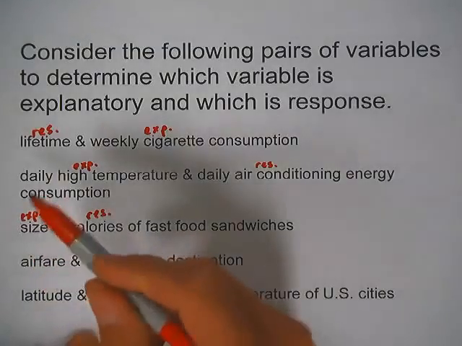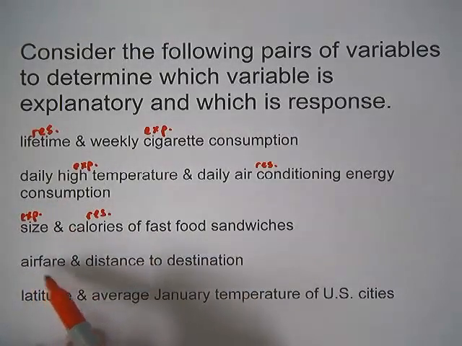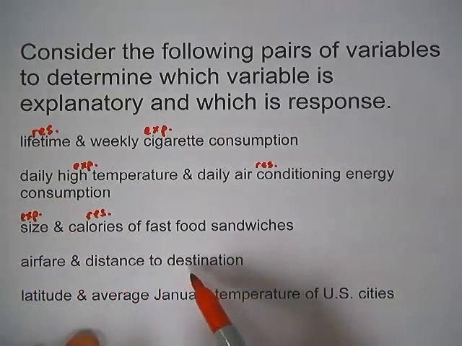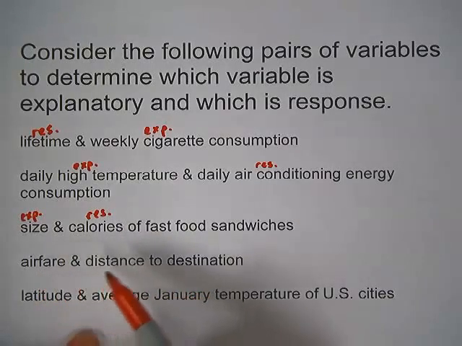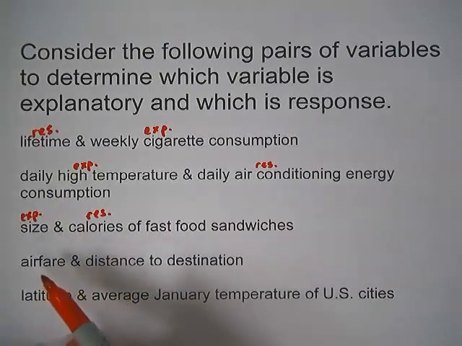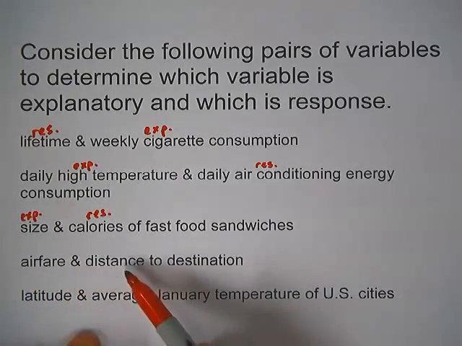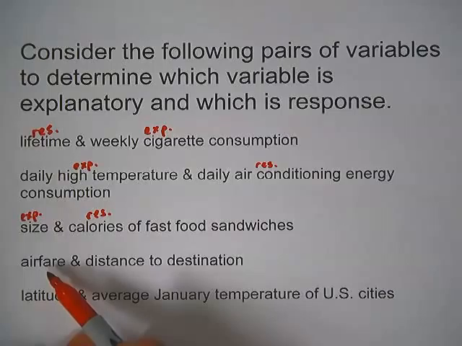Our fourth pair here, airfare and distance to destination. Now this probably doesn't have a really strong relationship, but in general, the further you need to fly, the costlier it's going to be. So if you're flying from California to Australia, it has a very far distance, and that's going to be a very expensive plane ride.